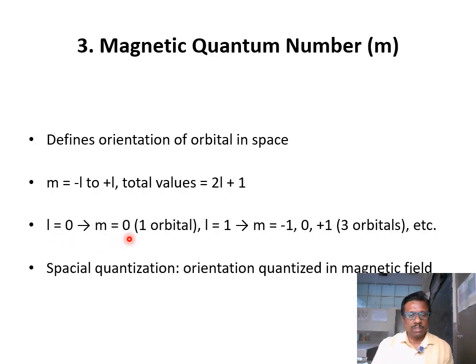Only one value is possible, that is, one orbital is present. If l is equal to 1, then m can take the value minus 1, 0, plus 1. That is, 3 orbitals are present, etc. This magnetic quantum number indicates the spatial quantization, that is, orientation quantized in a magnetic field.